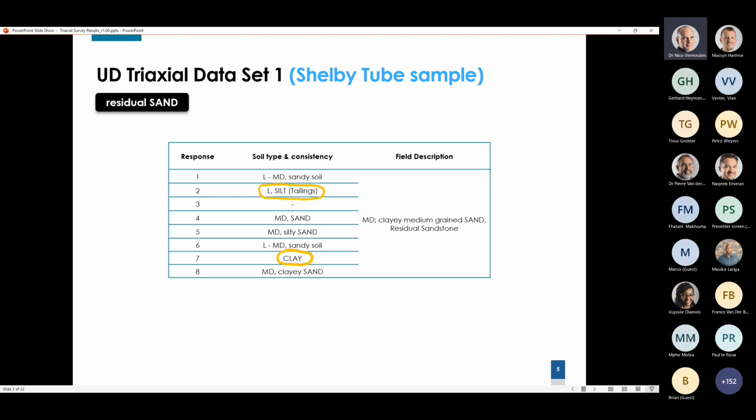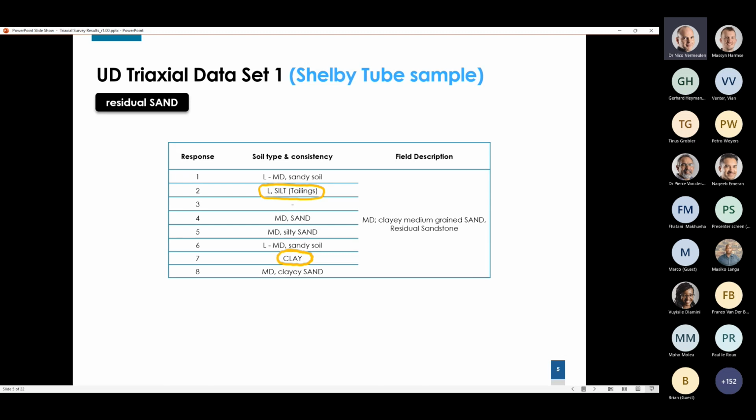Looking at data set number 1, this sample was extracted from a borehole using a Shelby tube and comprises a residual sand. The 8 respondents attempted to identify the soil type and consistency purely based on the triaxial result. Now that's no mean feat. I think it's quite difficult to just look at a shear result and then infer what kind of sample or material or soil you are faced with.